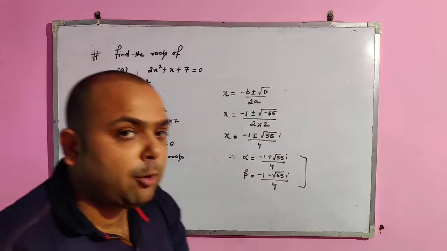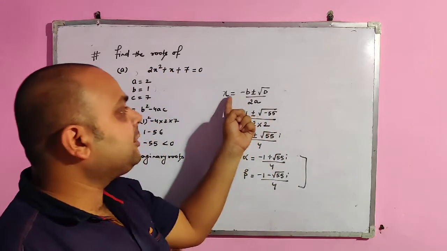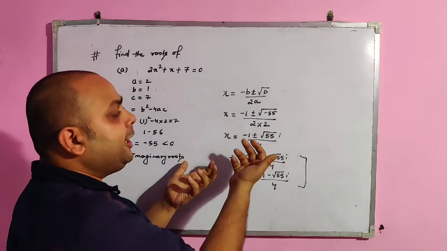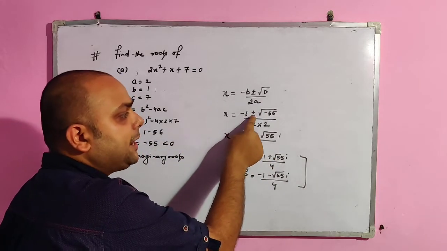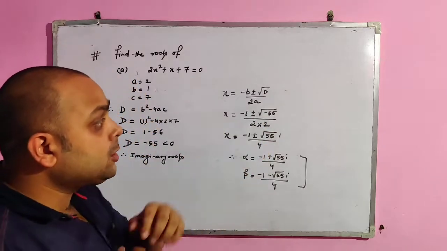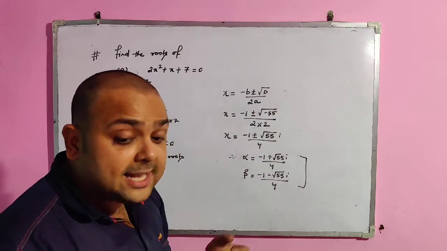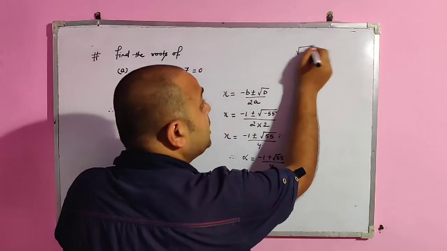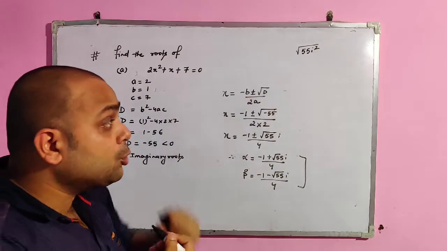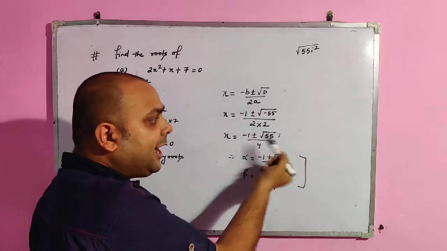Applying the Sridhar-Acharya formula or the quadratic formula, x equal to minus b plus minus root d upon 2a. Substituting the values, we get minus 1 plus minus under root minus 55 upon 4. Now root minus 55 can be written as under root 55 i square. So when it comes outside, it becomes root 55 iota.